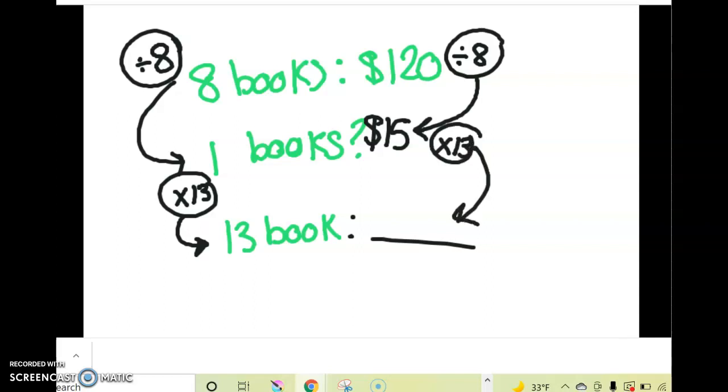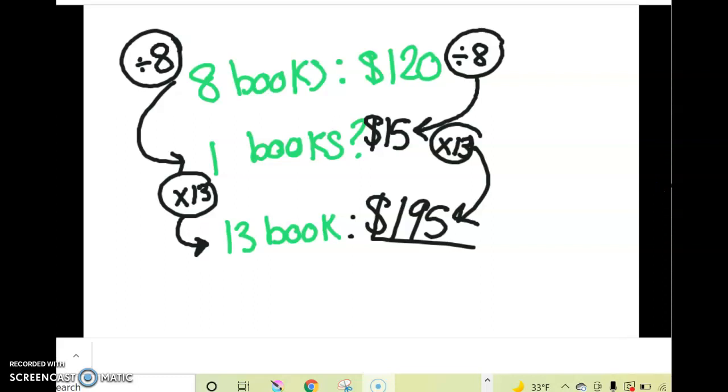This will tell me the cost of purchasing 13 books. And since 15 times 13 is 195, I know that 13 books cost $195.